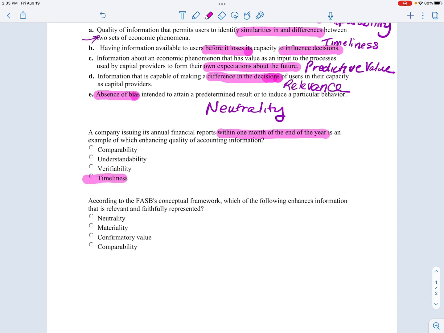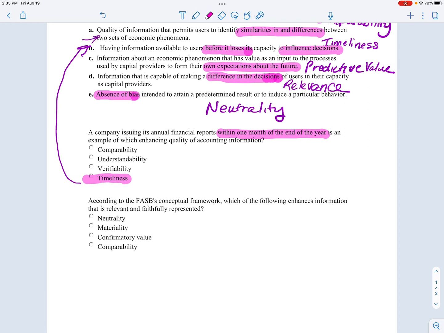So that then would be timeliness. It kind of goes along here with B, showing that if we don't have this information readily available, it might not be useful.